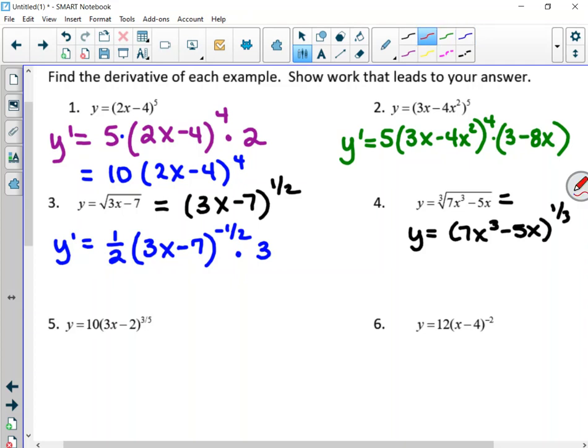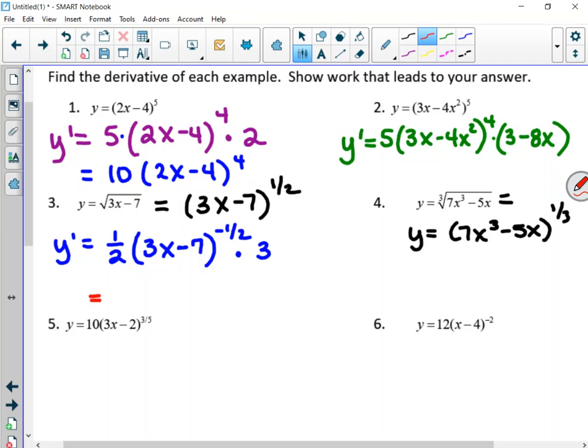Different scenarios might have us write this in a different form. If all we're going to do is plug a number into it, it's perfectly fine like this. Since we've got a calculator to utilize, it doesn't really matter if we have negative powers and things like that. Our calculators and things like Desmos handle those just fine.